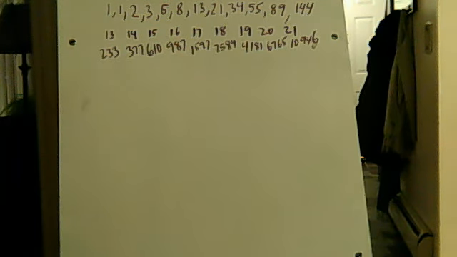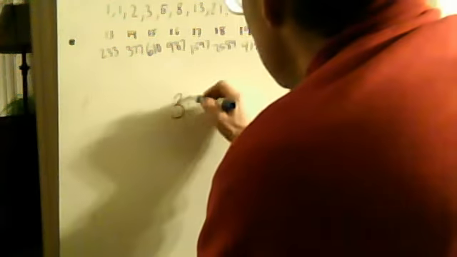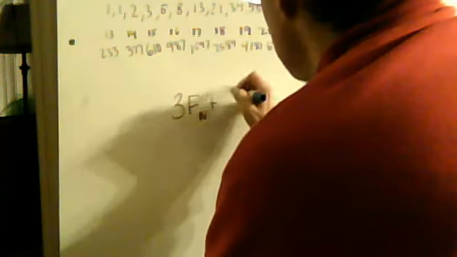Okay, now, next one says, describe in words what each of these expressions represents. Now, here we go. 3 F N plus 1.